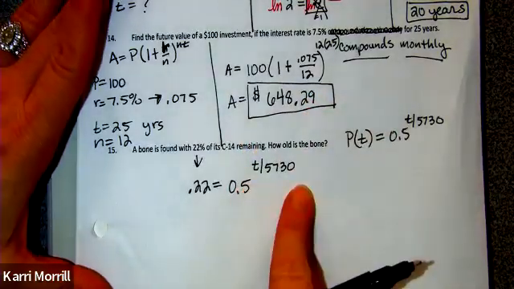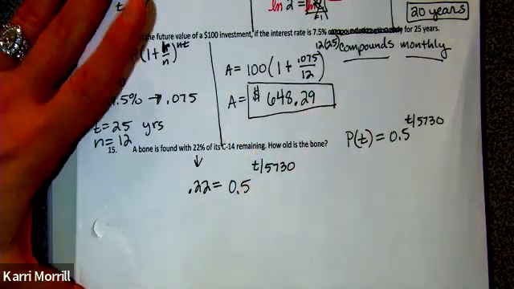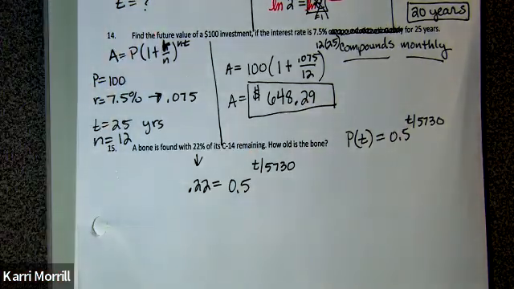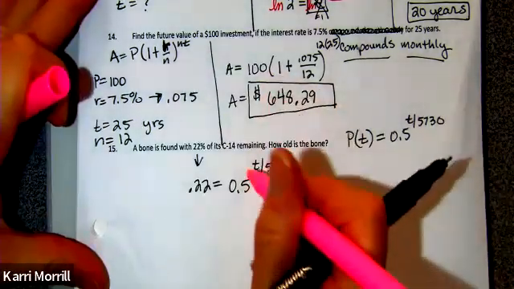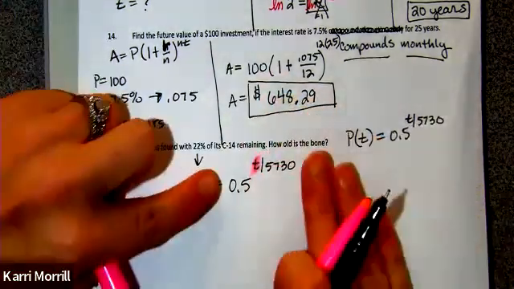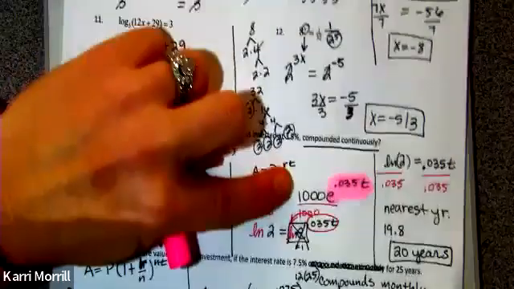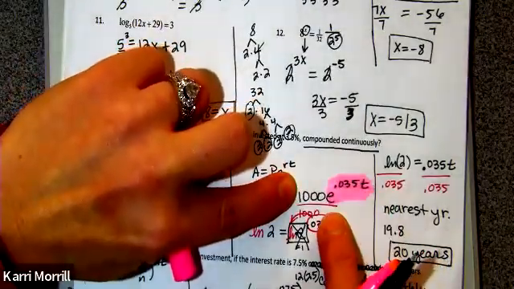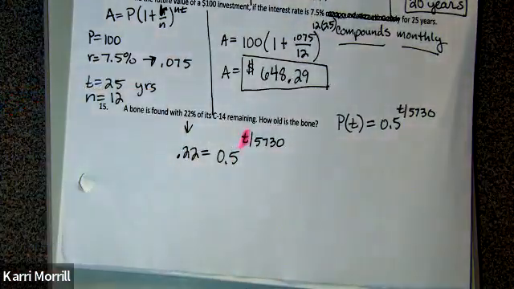This is like a fraction that I like to write with a forward slash because it helps me separate it like it's a term for now. We want to know how old the bone is, meaning we're finding T. So this is the only thing over here with T. Up above, it had the 1000 in front of the E, that's why we did something first. But this one doesn't have anything.